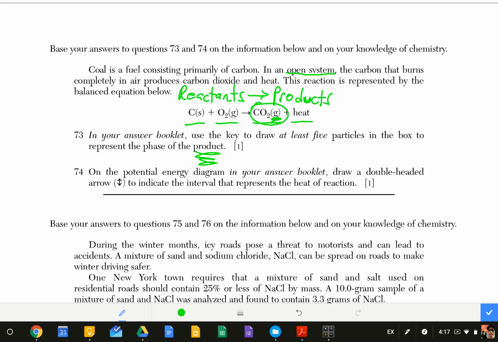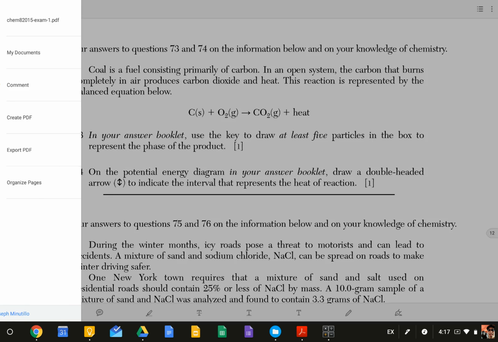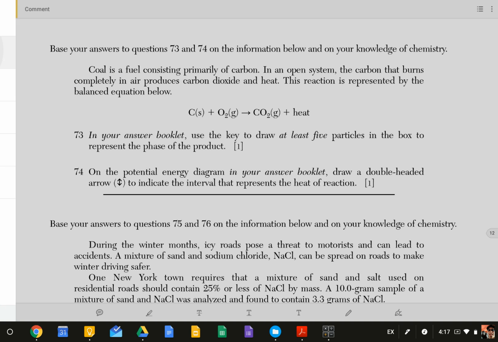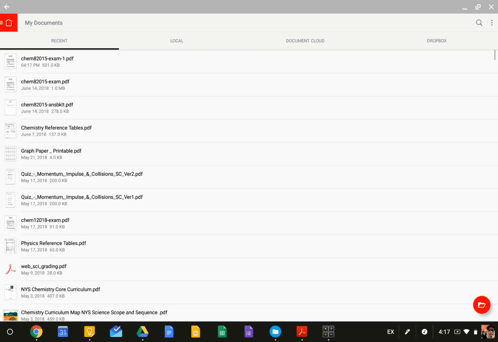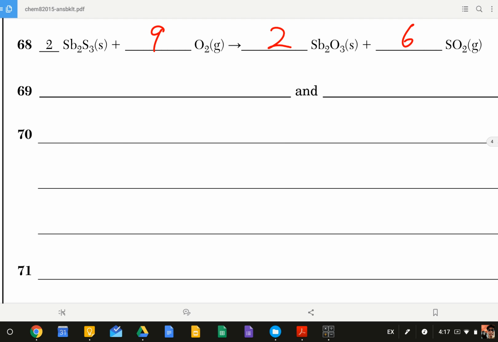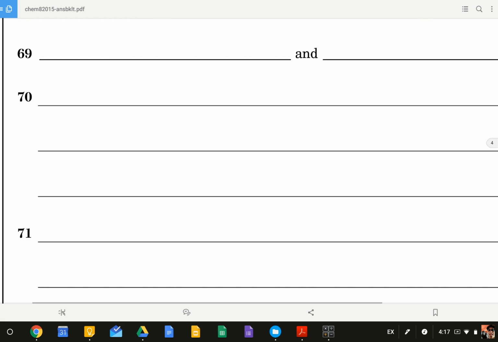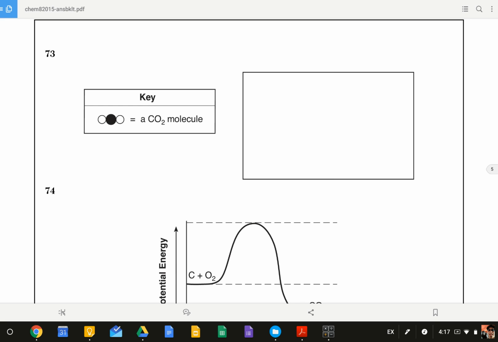So if I close this, let's see, and we go to the answer booklet, let's see what they gave us. All right, so this is 73 in the answer booklet. 73, they gave us, oh, look at that, a box.